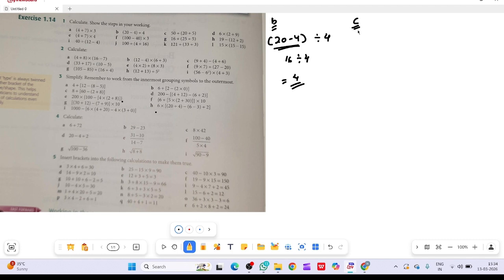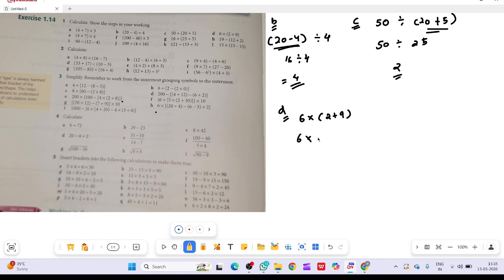Then c is 50 divided by 20 plus 5. So 20 plus 5 is 25 and 50 divided by 25 is 2. d: 6 multiplied by 2 plus 9.